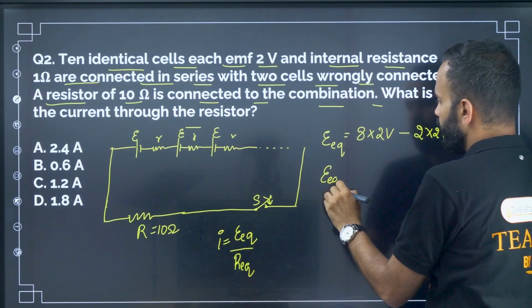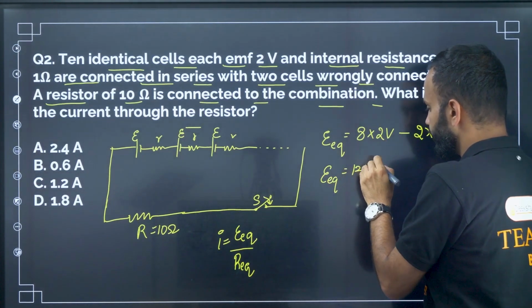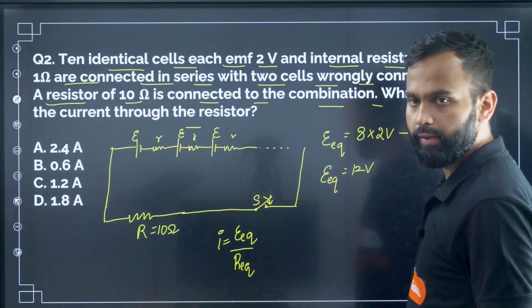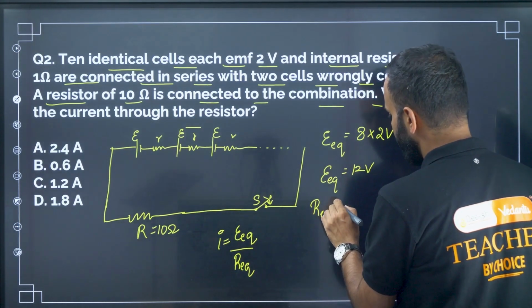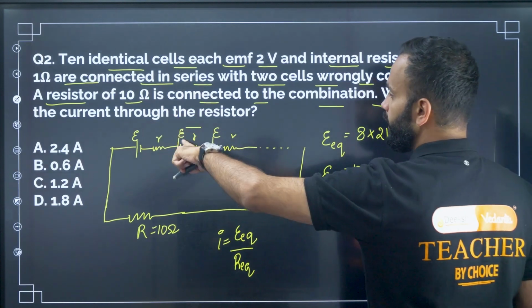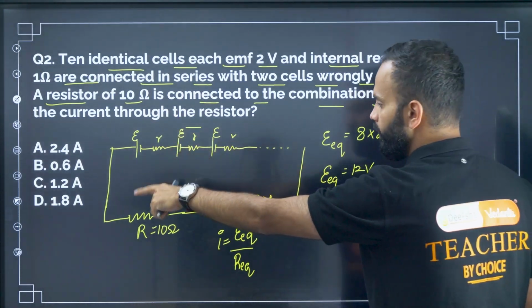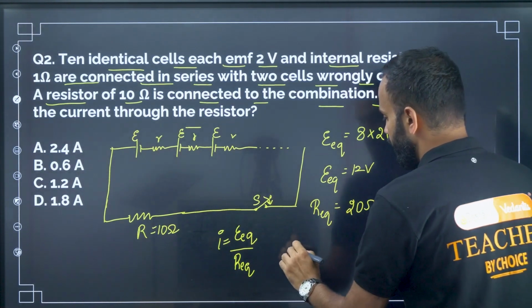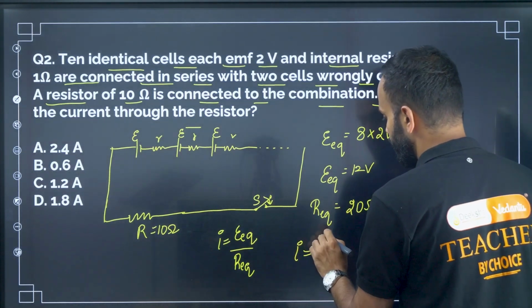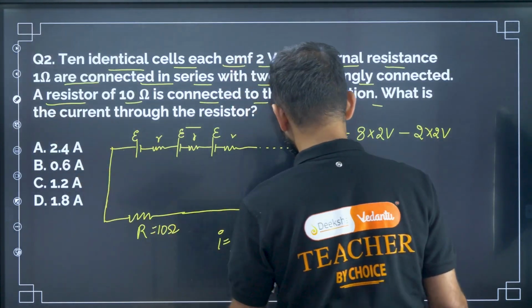So E equivalent is 16 minus 4, that is 12 volt. What is R equivalent? The internal resistance is 1 ohm and there are 10 cells, so 10 ohm plus 10 ohm, 20 ohm. Now the current through the resistor, E equivalent, that is 12 volt.